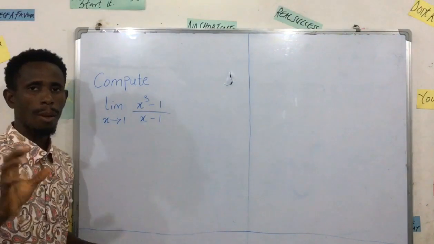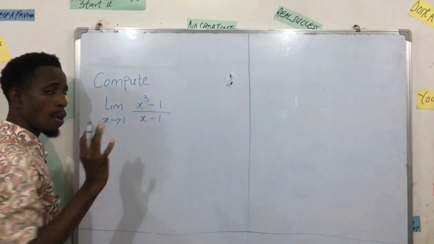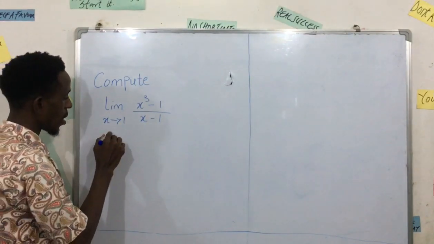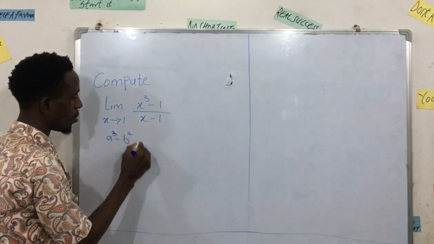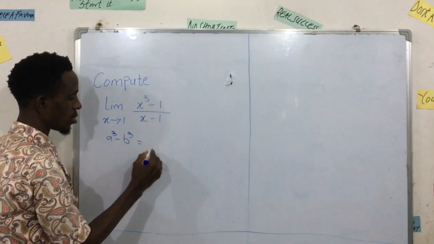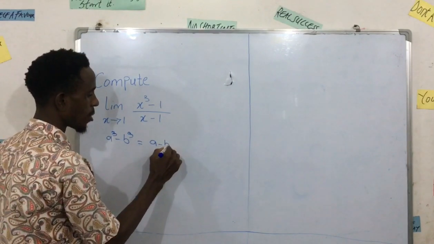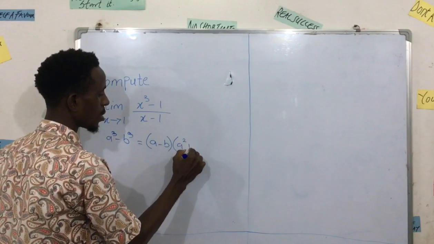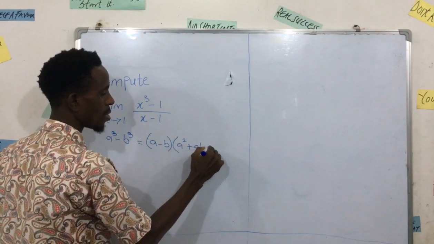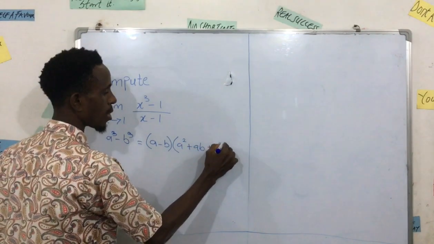I want you to also remember this quickly. Recall that a cubed minus b cubed is equal to a minus b into a squared plus ab plus b squared.